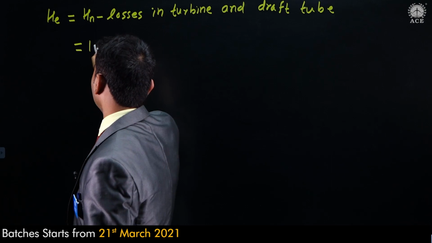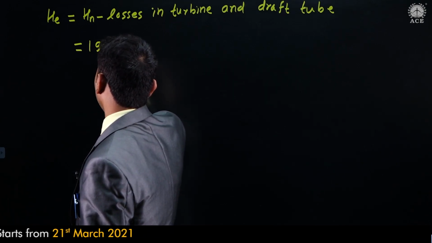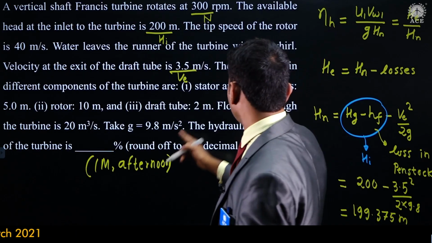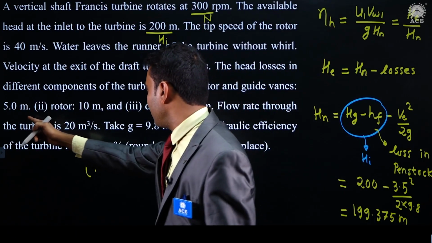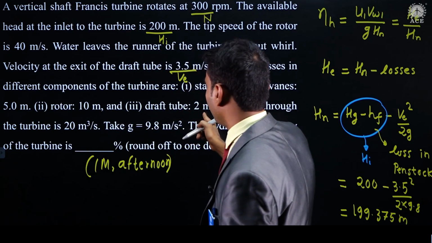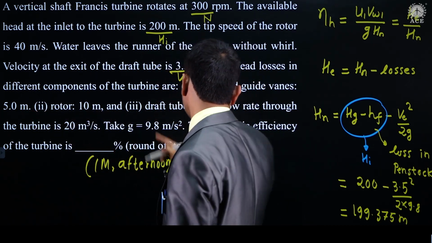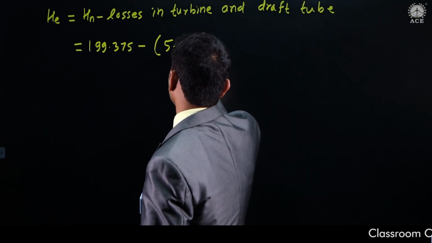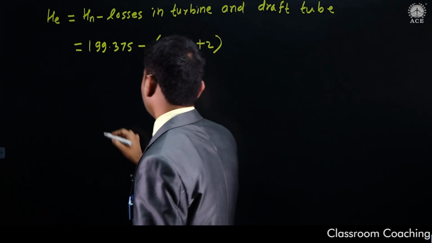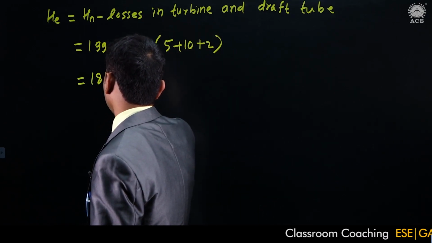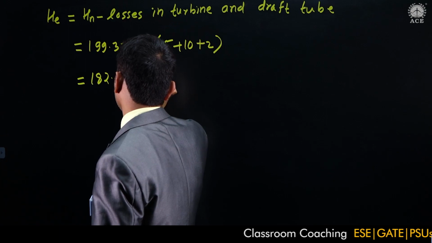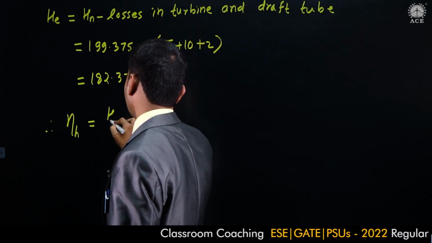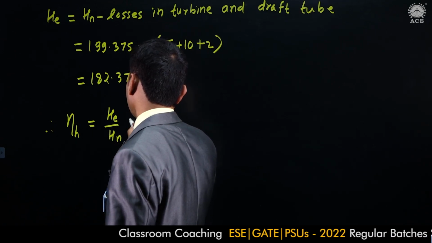So this is equal to 199.375 minus the 3 losses given. In stator and guide vane the loss is 5 meter, in rotor it is 10 meter and in draft tube it is 2 meter. So 5 plus 10 plus 2; this much you have to subtract. So we get 182.375 meter.